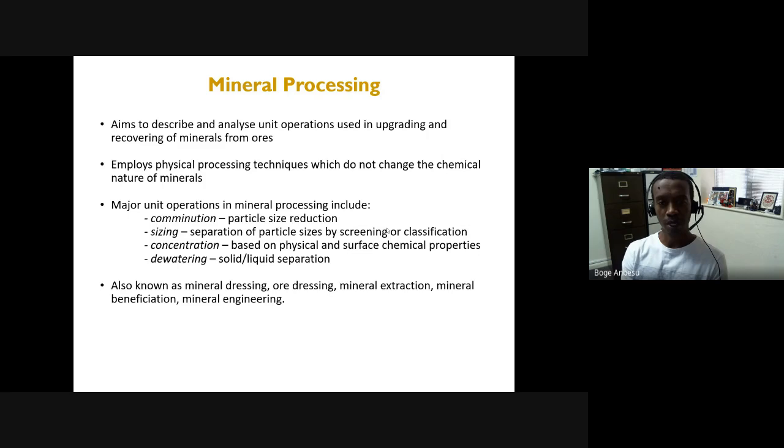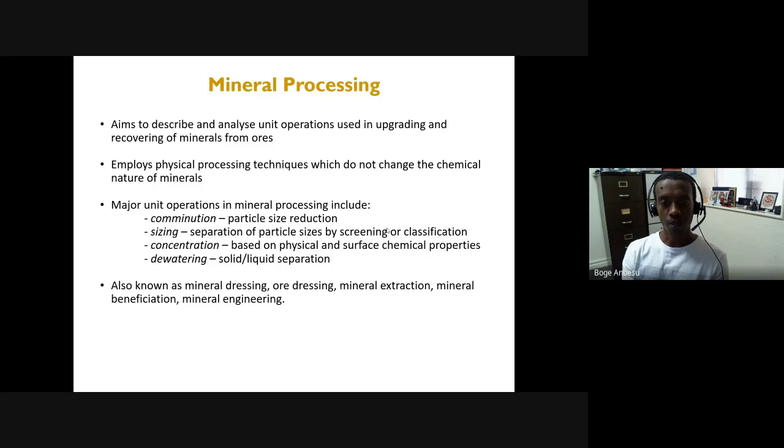So why do we upgrade the ore? Because we know, for example, that any given high grade gold ore has maybe 10 grams of gold in a ton. It's not a lot. It's like 10 parts per million. So obviously the vast majority of whatever we dig from the ground, even for a high grade ore, is basically waste.